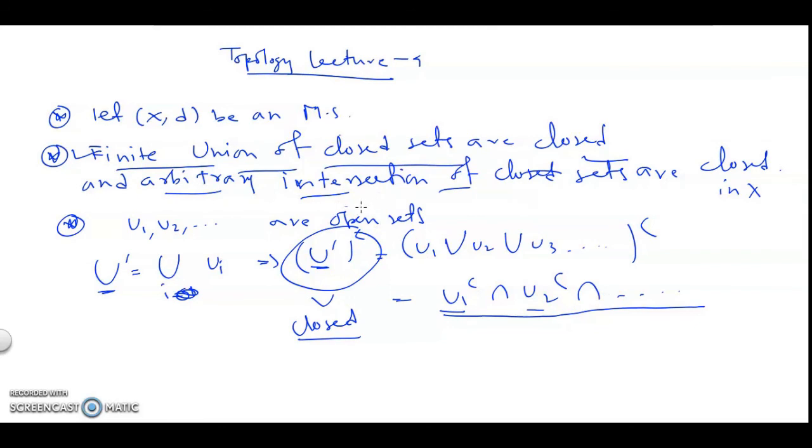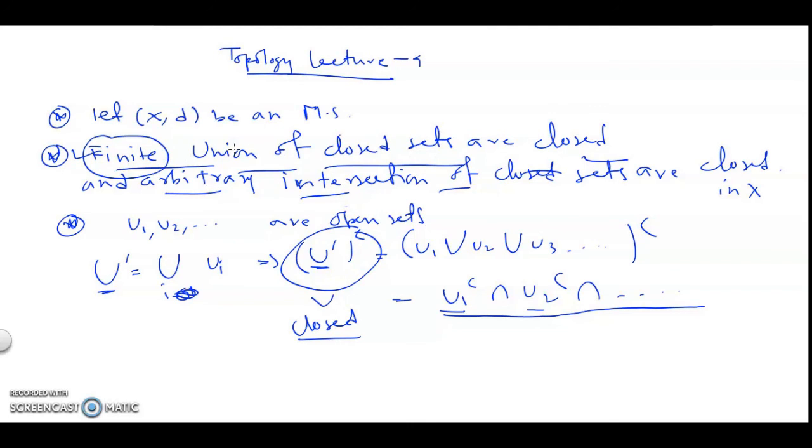These are two fundamental results in any metric space or any topological space. Now the third one: what happens if we remove this finiteness? What will happen to arbitrary union of closed sets, is it closed or open?